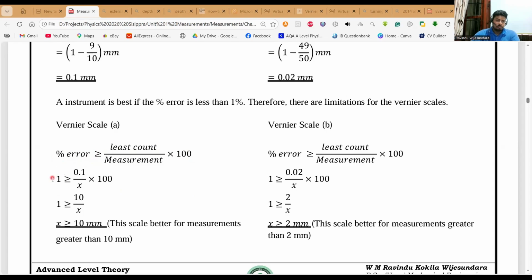So the maximum permissible percentage error is 1%. So the right hand side must be less than 1%. If you take the least count as 0.1 for this vernier caliper, and we take x as the measurement multiplied by 100, if you simplify this, you get x is greater than or equal to 10 millimeters. So what that means is this scale is better for measurements greater than 10 millimeters, right?